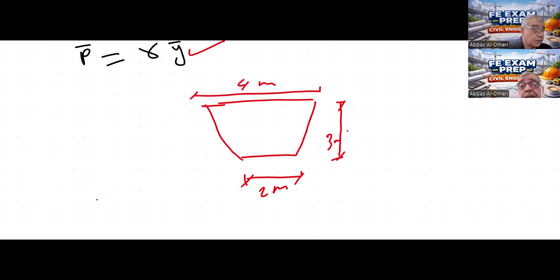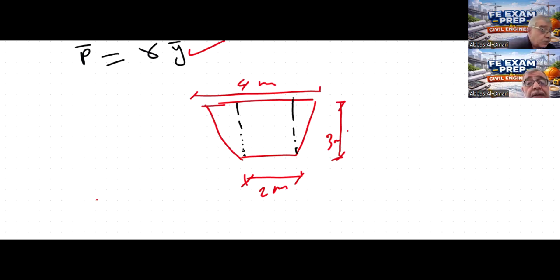Now we can divide this trapezoid into two triangles, for which we know the centroid, and a rectangle, for which it's easy to determine the centroid.